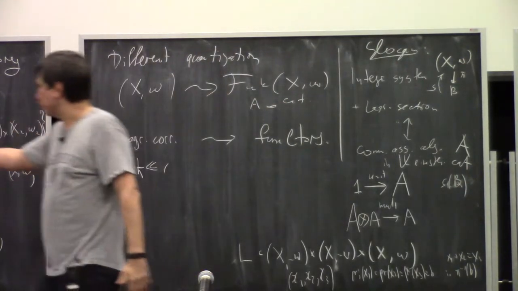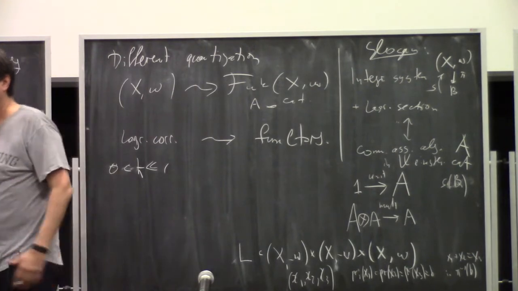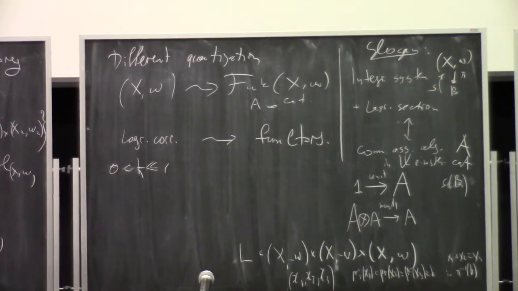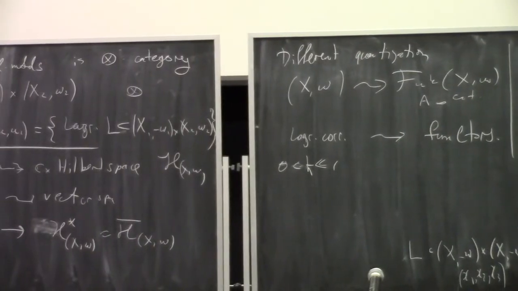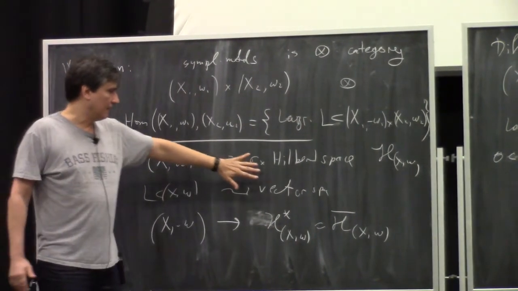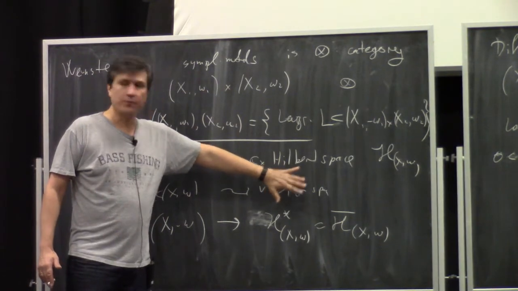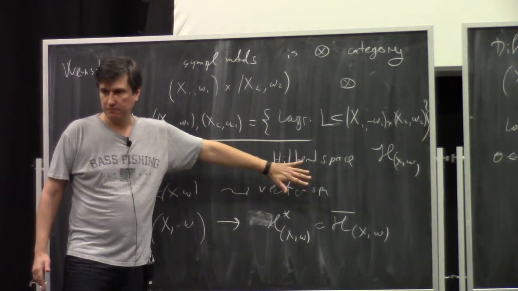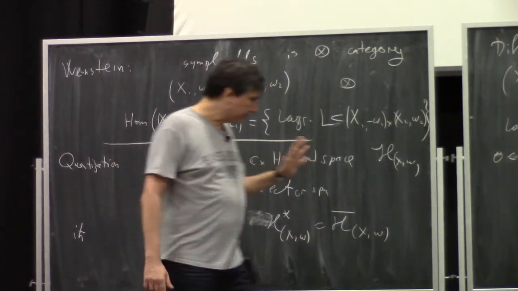Now we can apply this to quantization functors, like Hilbert spaces, and in this picture one gets something like a commutative algebra of operators in infinite dimensional space. I will return to it later.